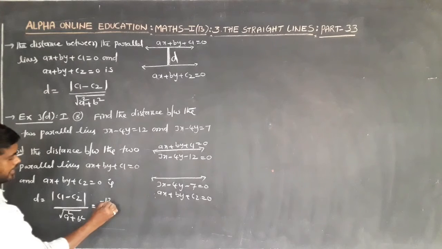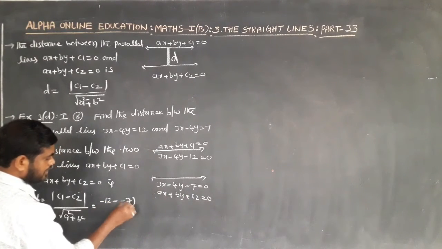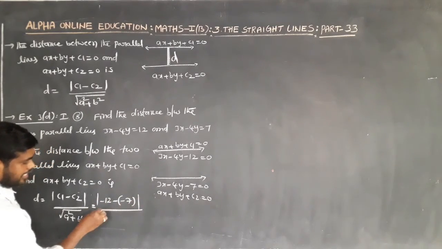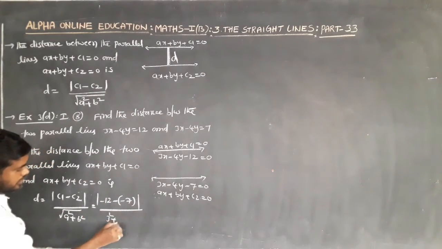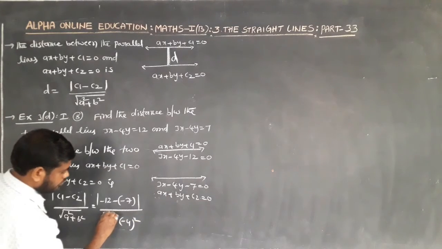C1 is minus 12, C2 is minus 7, divided by the square root of A square, 3 square, plus B square, minus 4 whole square.